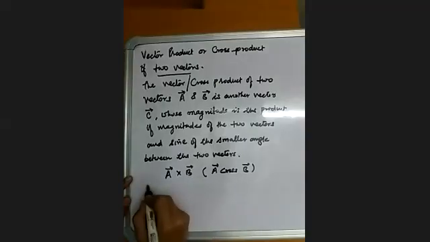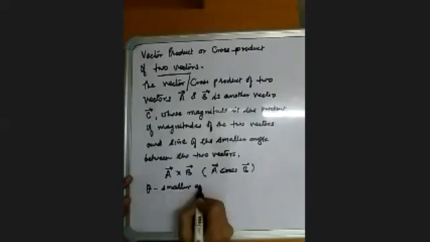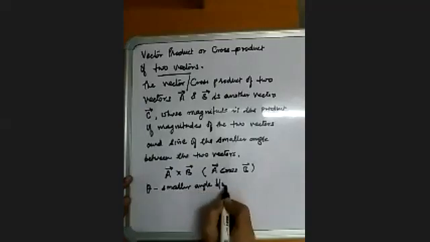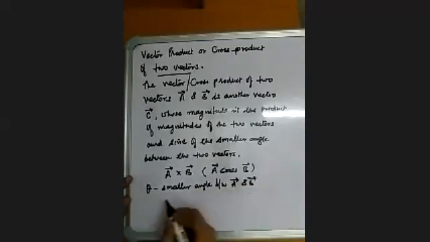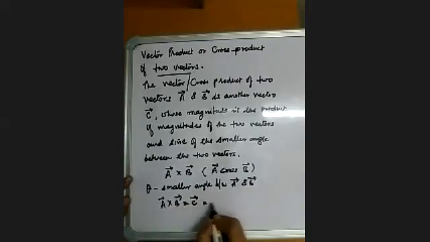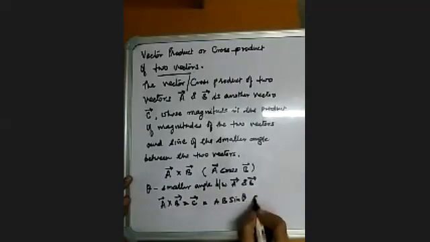Let us say theta is the smaller angle between vector A and vector B, then as per the statement, A cross B is equal to C vector and is equal to A B sine theta and direction along a unit vector C.